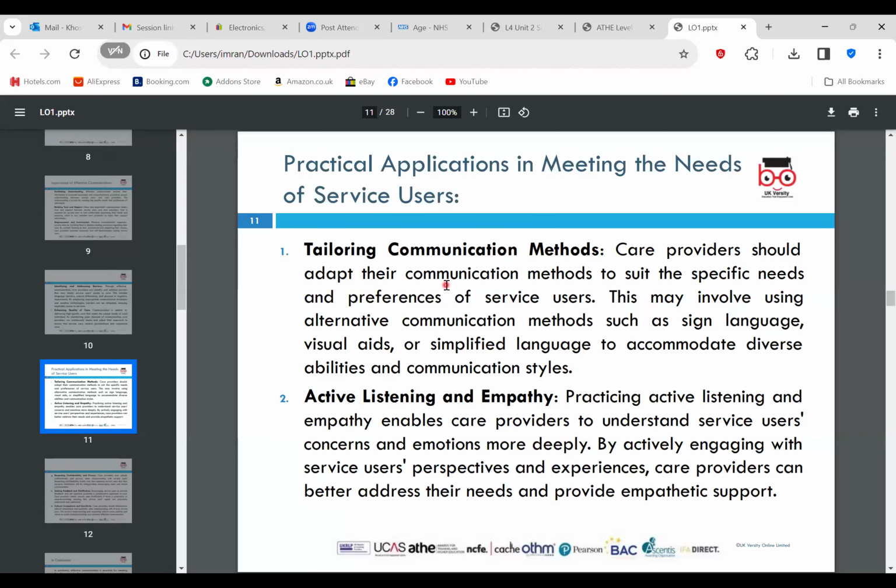It depends how much they require it. And active listening and empathy: always listen, always be empathetic with the person, because that is the cornerstone of our services, and that is particularly important when you're dealing with older age groups or very young age groups.